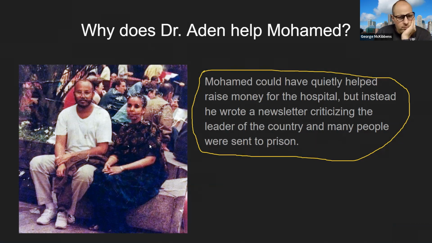So theoretically, this doctor could be angry at Muhammad, but he's not. He doesn't seem to express that at all. Instead, he takes a big risk trying to help him, and I'm trying to figure out why.